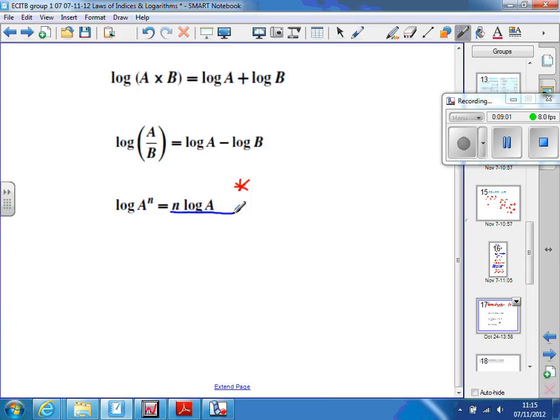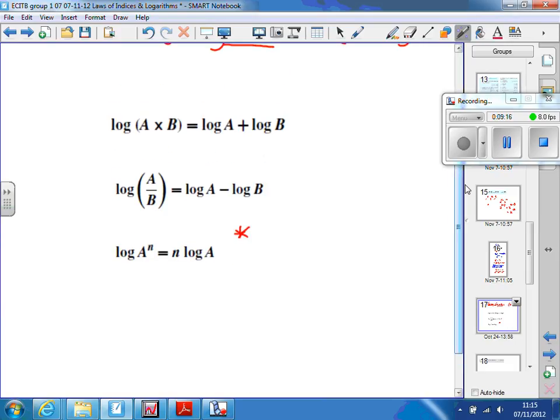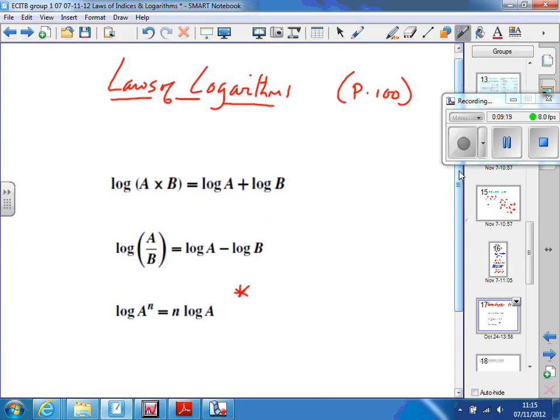And that's what's going on here. I bring the power n down and multiply it by the log of a. So those are the laws of logarithms. If you want to make a note of them, it might be worth making a note of them together with the laws of indices, because they go together.